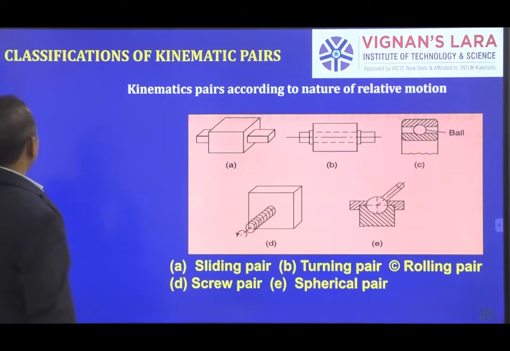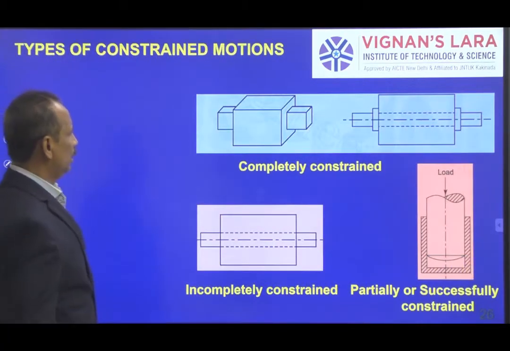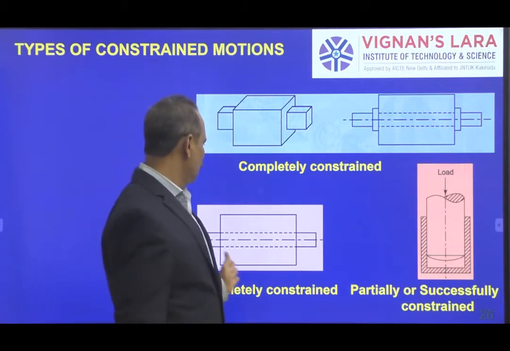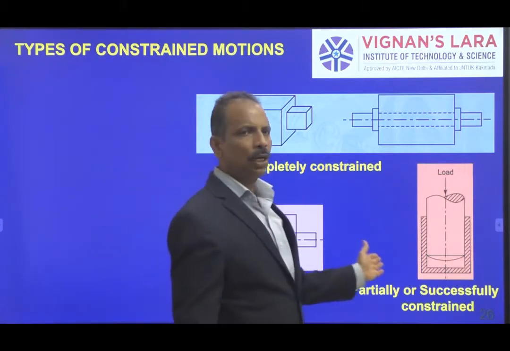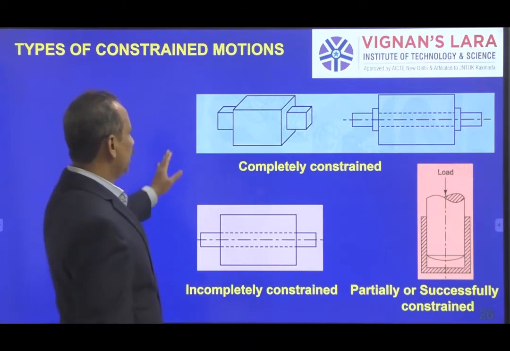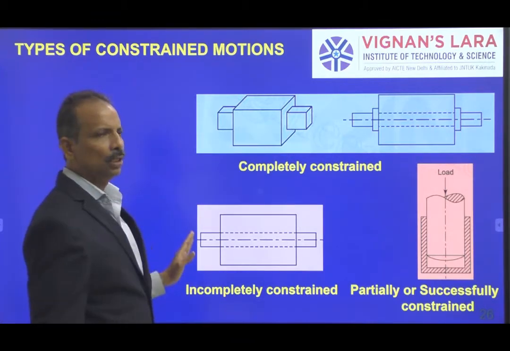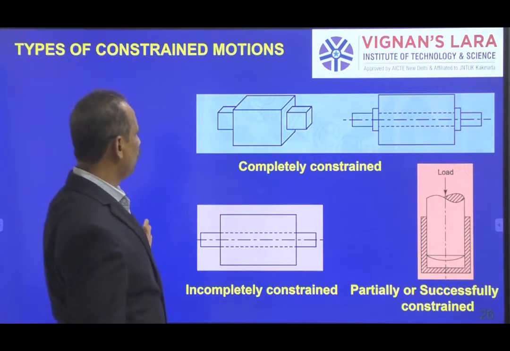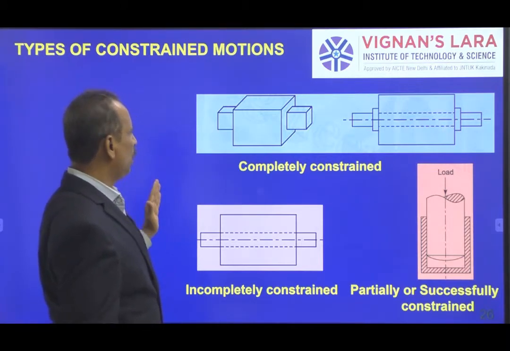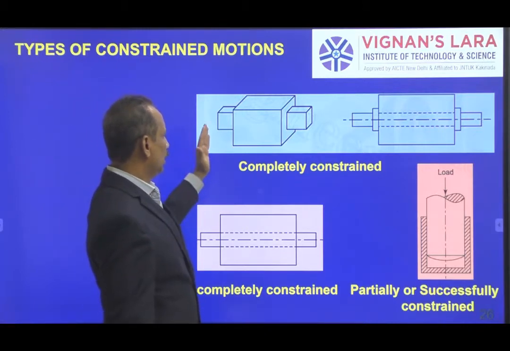Then coming to the next, we have seen the types of motions: completely constrained motion, incompletely constrained motion, and partially or successfully constrained motion. In case of completely constrained motion, if you give an input at one location, that is the only way that object can move.